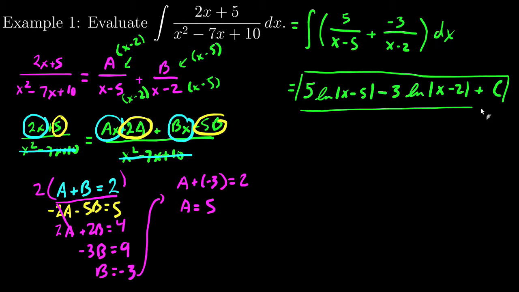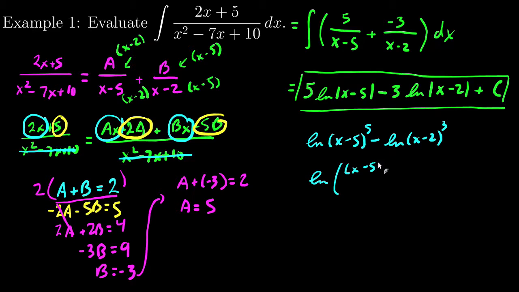I have seen on some AP tests, and I'm going to play a little bit fast and loose with the absolute values here, but I've seen them use the rules like 5 times natural log is the same thing as natural log of (x minus 5) to the 5th, minus 3 times that is the natural log of (x minus 2) to the 3rd, and then use the subtraction rule for logs to get the natural log of (x minus 5) to the 5th over (x minus 2) to the 3rd.